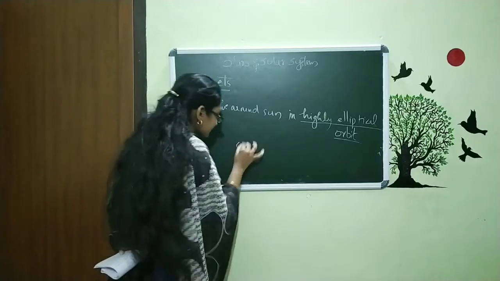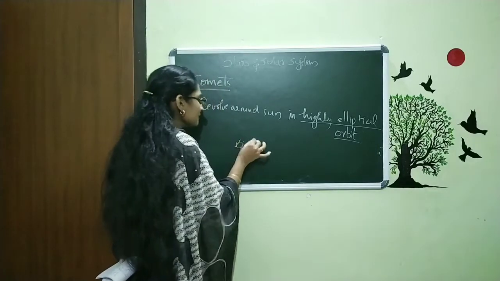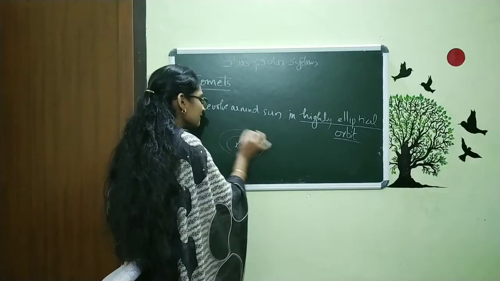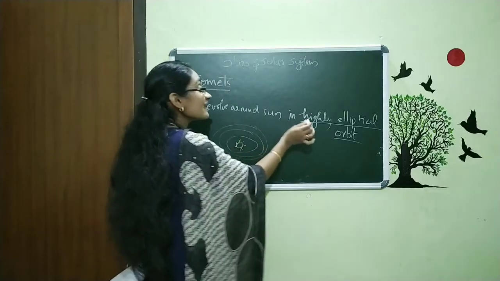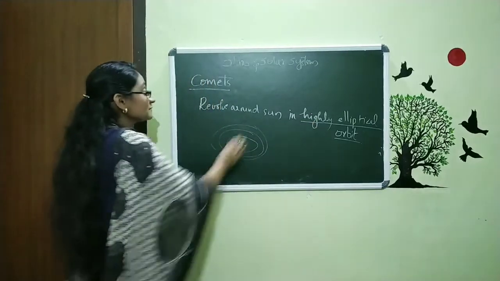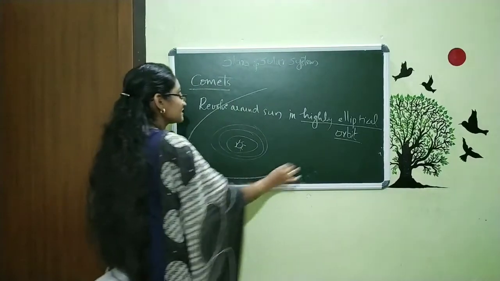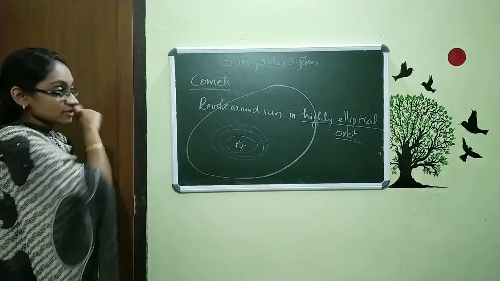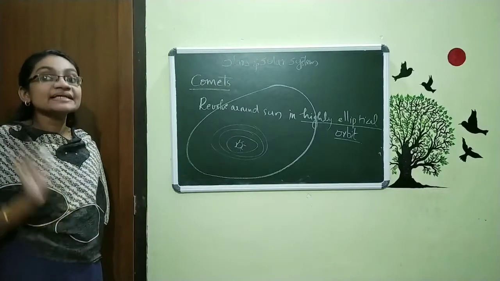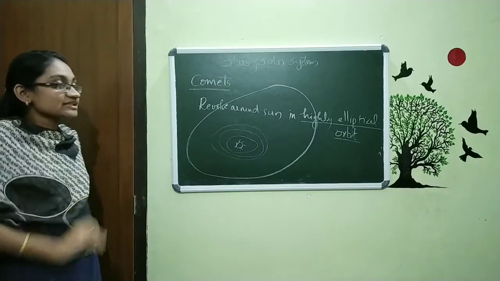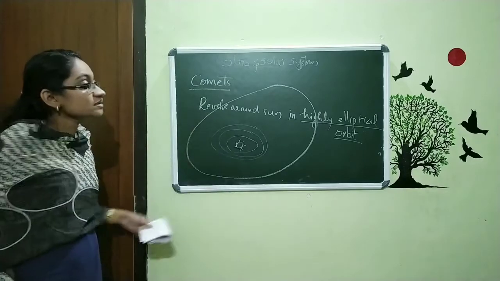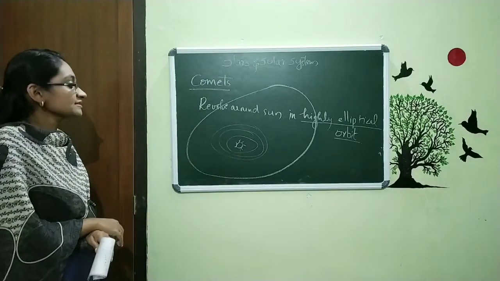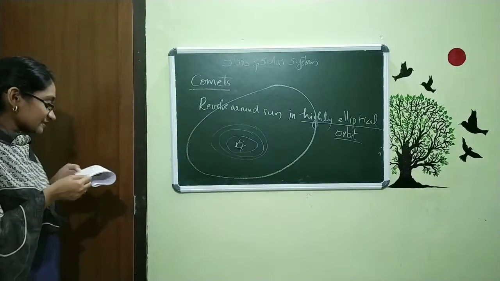Means this. Our Sun is here. Normal planets are revolving within a particular length, but a highly elliptical orbit means they are moving in a much larger orbit. That is the meaning of this. It revolves around the Sun in a highly elliptical orbit means it is moving with a very large length of orbit. The next point is this.